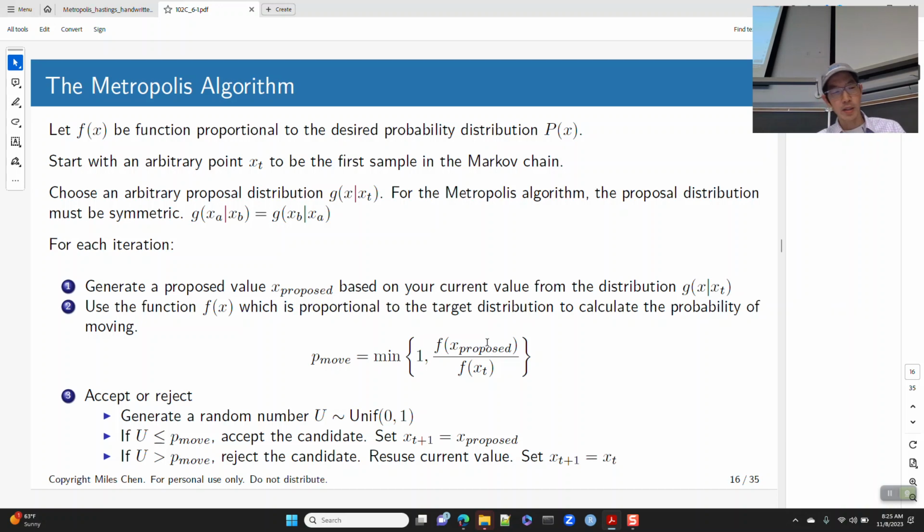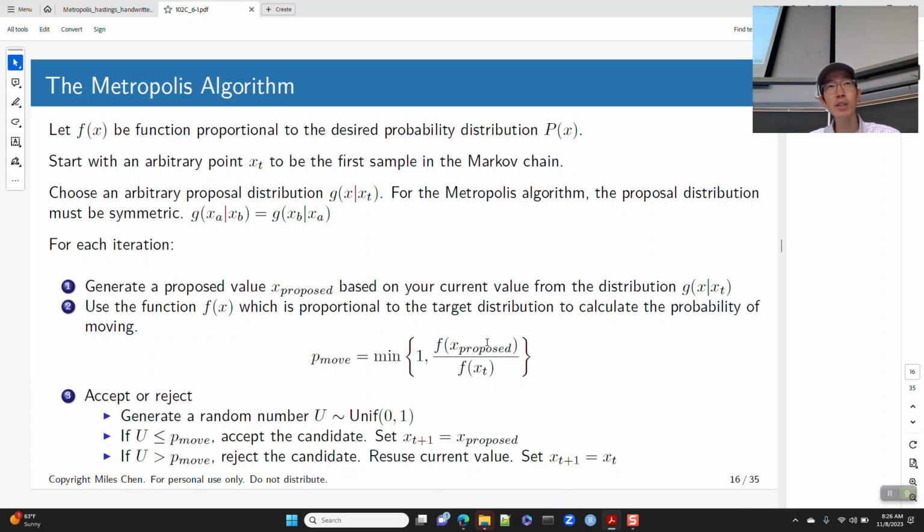Okay, so the Metropolis algorithm is, let's generalize this from the island hopping example to something a little more general. We can have an arbitrary probability distribution, which we'll call P of x, and this can be a continuous distribution, not just a discrete one like we used for the island hopping example.